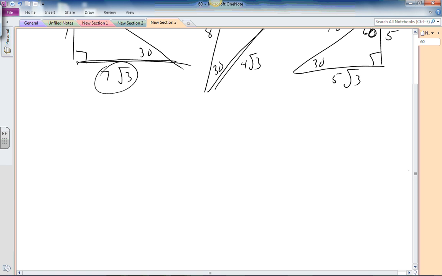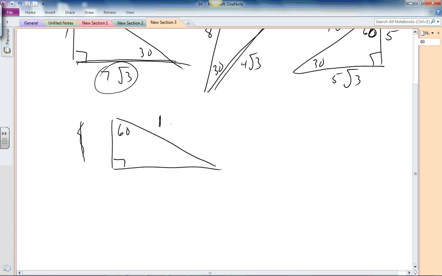I suppose the worst case is if I give you, let's try this one. This one's going to come up later. Okay, so here's 60. If I tell you that this is 1, establish what it is that I gave you. This is the hypotenuse.